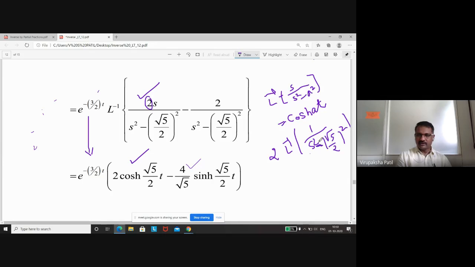So it becomes 2 into 1 divided by a, where a is root 5 divided by 2, into sine hyperbolic root 5 divided by 2 times t. If you take this to the numerator, that becomes 2 into 2, 4 divided by root 5 into sine hyperbolic root 5 divided by 2 times t.